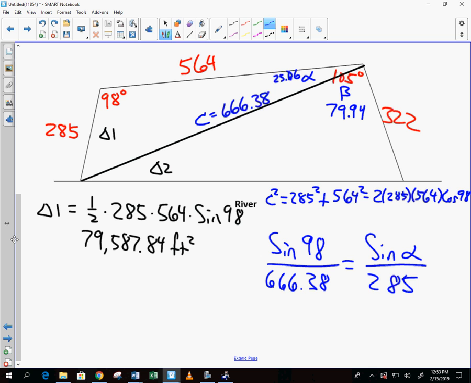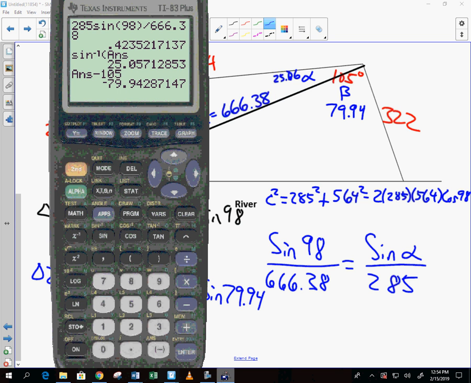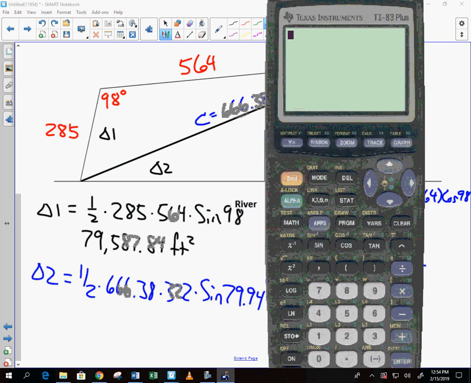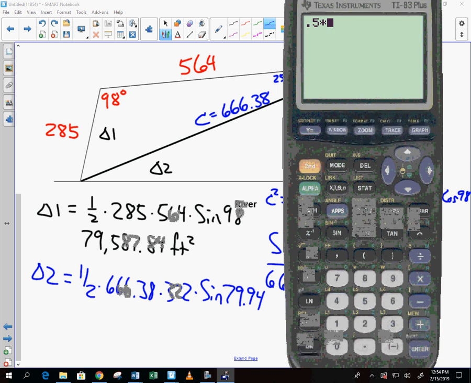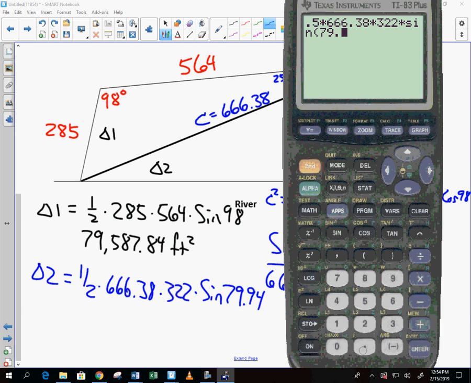Yeah, you got the side angle side thing going on, right? So triangle 2 is 1/2 times 666.38 times 322 times the sine of 79.94. 0.5 times 666.38 times 322 times the sine of 79.94.